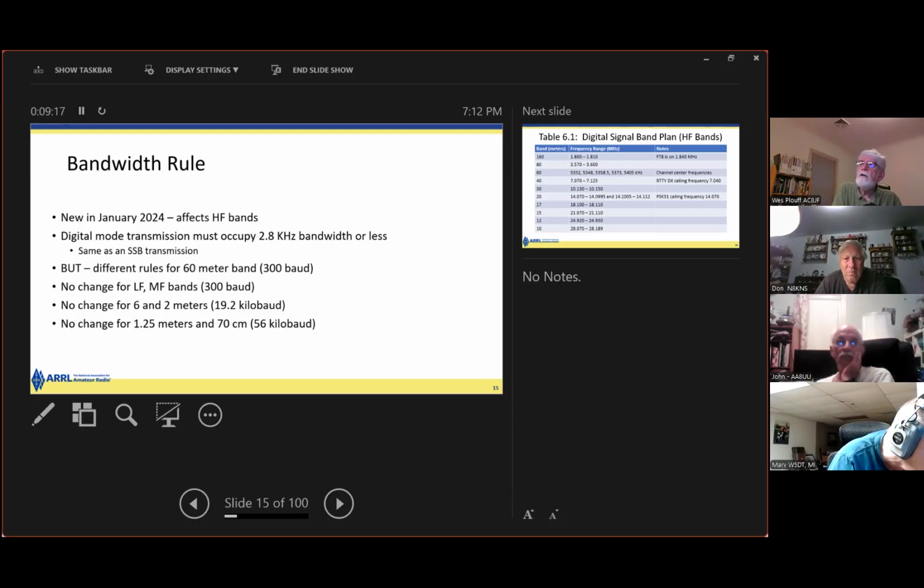Above that, there is no speed or bandwidth limit, and the FCC is considering rules changes to change these baud rate limits to bandwidth limits instead. But for now, the important part of this slide is that for most of the HF bands, your data mode signal is limited by the bandwidth and not how fast you're communicating.